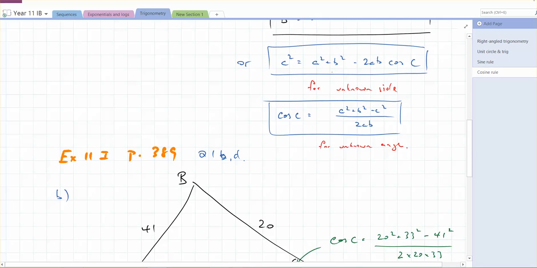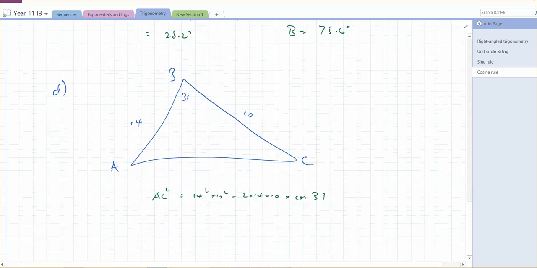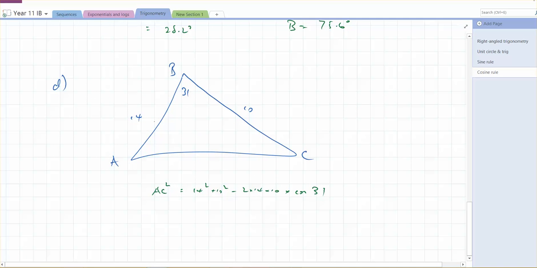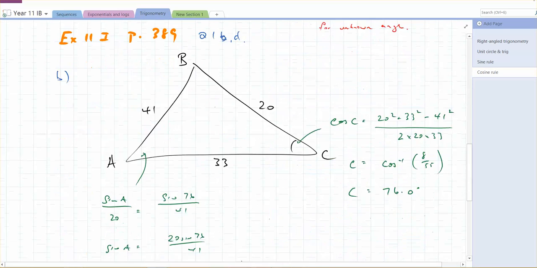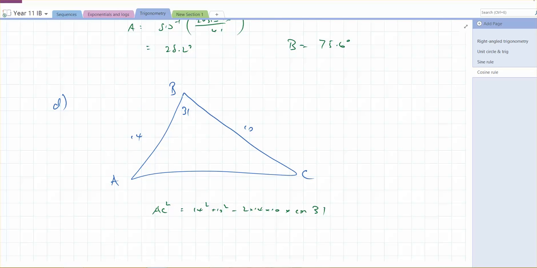Let's have a look at that. B squared is A squared plus C squared minus twice AC cos B. So it's this squared is equal to 14 squared plus 10 squared minus 2 times 14 times 10 by cos of the angle opposite the side you're trying to find. So put all that into the calculator. 14 squared plus 10 squared minus 2 times 14 times 10 times cos 31.